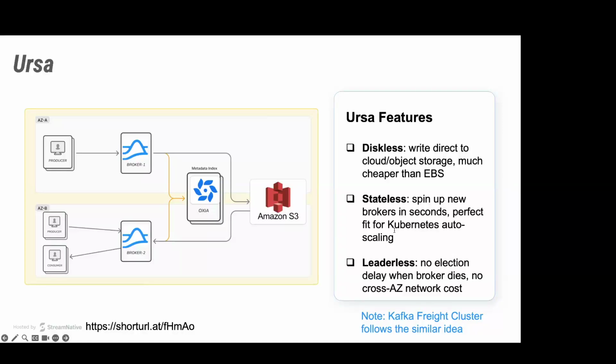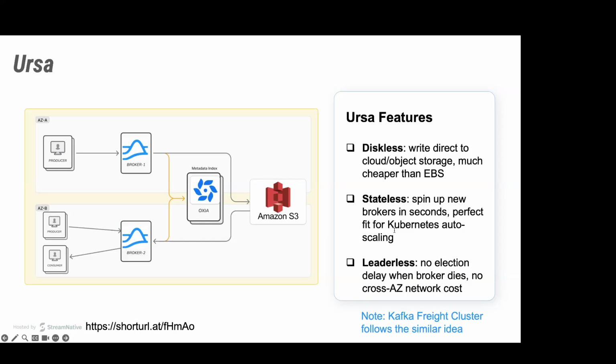So all the messages shared across the AZs are handled by the object storage, which introduces additional latency. This is the first trade-off. Also, to keep the global ordering, Ursa needs a cross-AZ metadata indexer. This is the second trade-off.